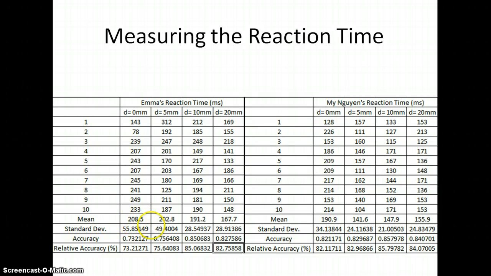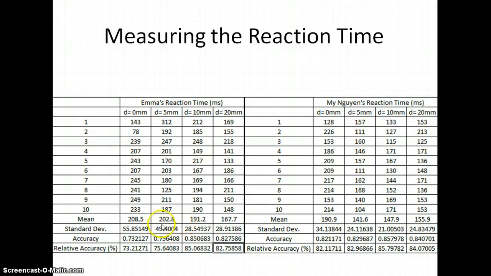The standard deviation is 5.85, and the accuracy is 73.2%.